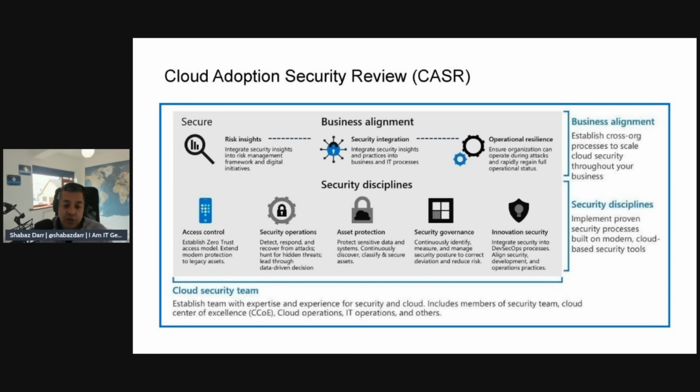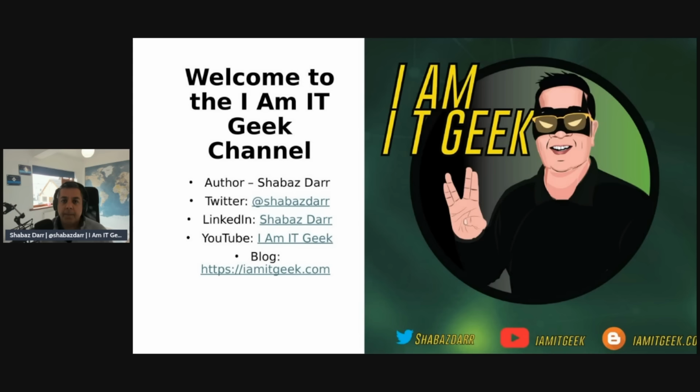And again, making sure those security disciplines are in line as well, implementing proven security processes built on modern cloud-based security tools. And finally, that cloud security team, which oversees both business alignment and security disciplines. Making sure you establish that team with the correct expertise and experience for your security and your cloud. And this can be members of a security team, cloud center of excellence, like a CCoE, cloud operations, IT operations, and many other teams as well.